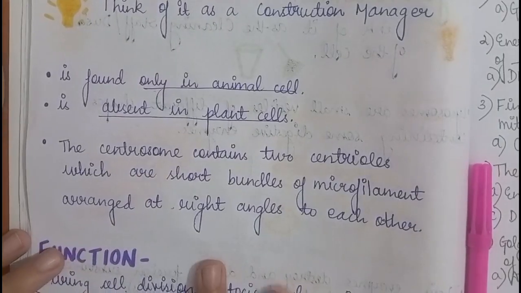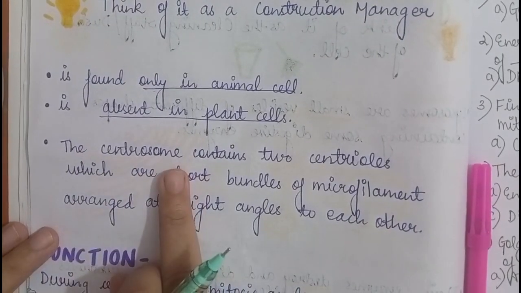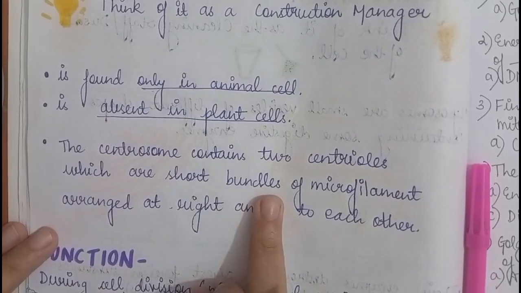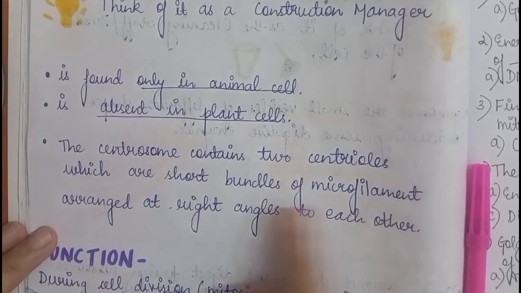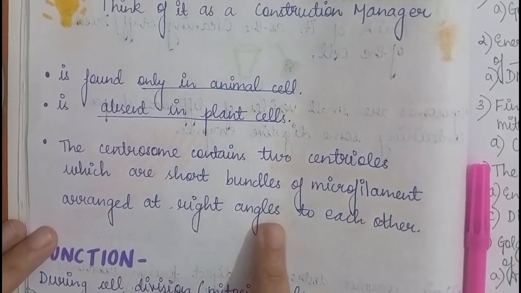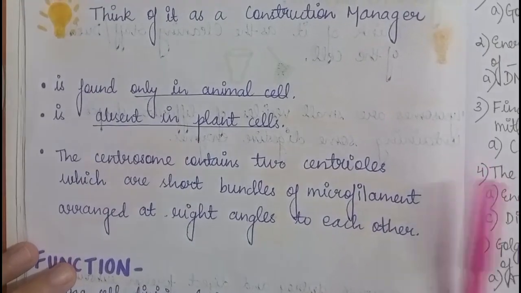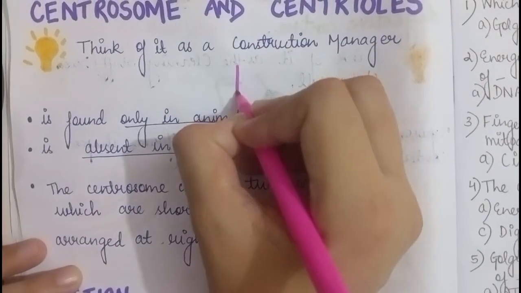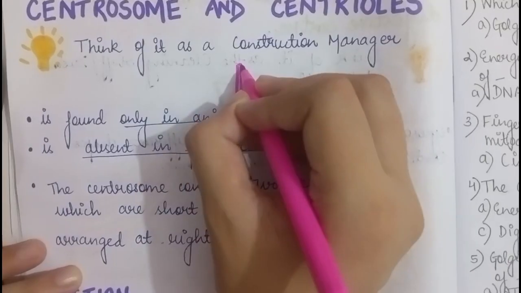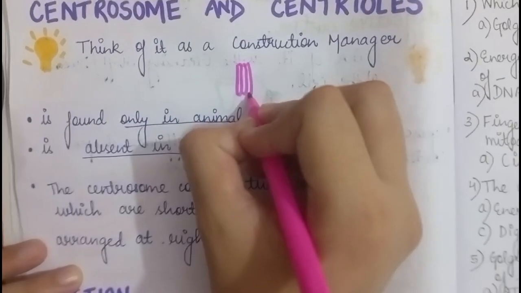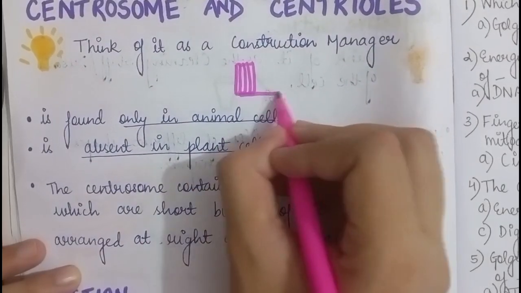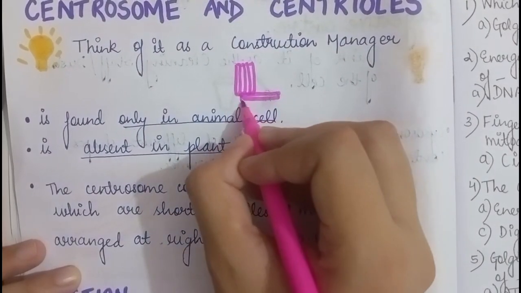Now, the centrosome contains two centrioles, which are short bundles of microfilaments arranged at right angles to each other. Let's understand this. These are the centrioles, and they are made up of microfilaments, and two centrioles are present.